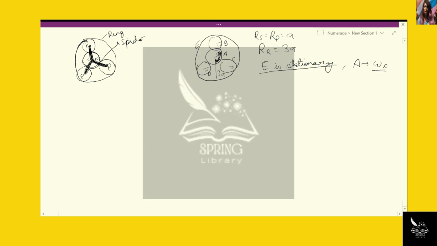Okay, then somebody can ask, what are various velocities of different planetary gears B, C, and D, and what is the angular velocity of this spider connecting all these points, all the centers of all the sun and planetary gears. So the spider will be something like this.